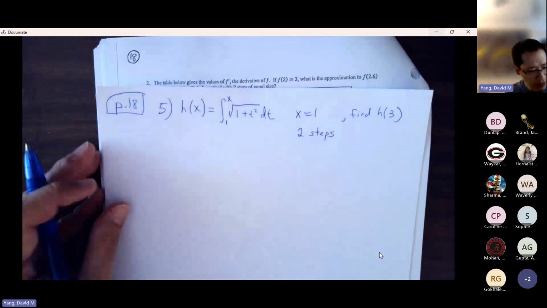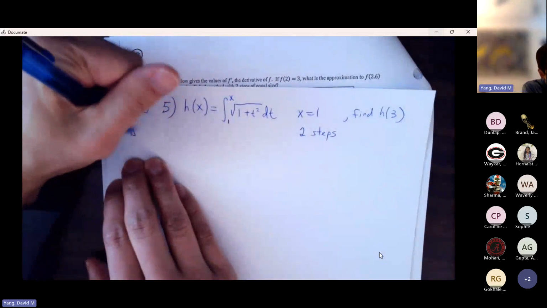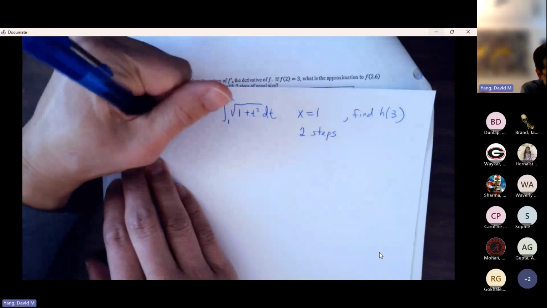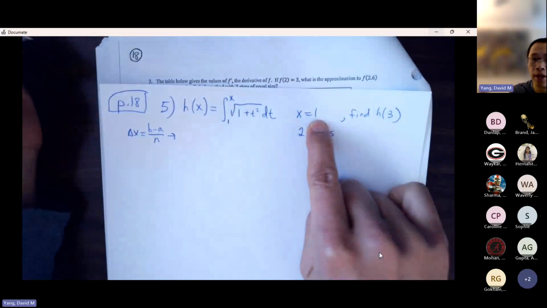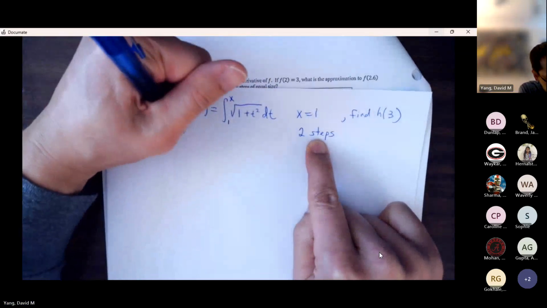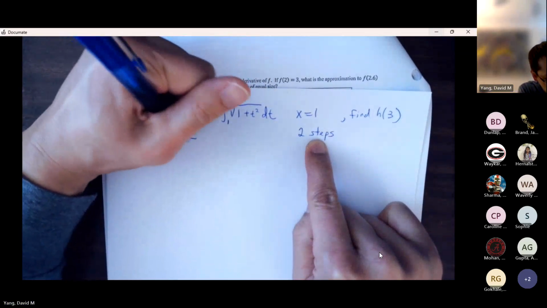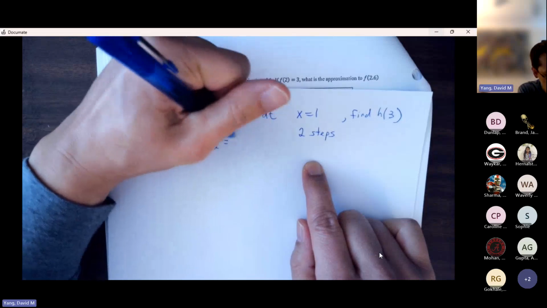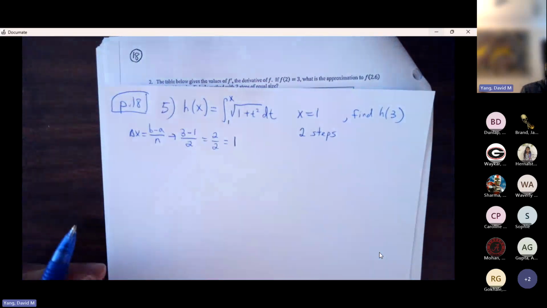Okay, let's find our step size. Delta x is b minus a over n. My a is 1, my b is 3, and my n is 2. So in this case, our step size will be a nice integer of 1.